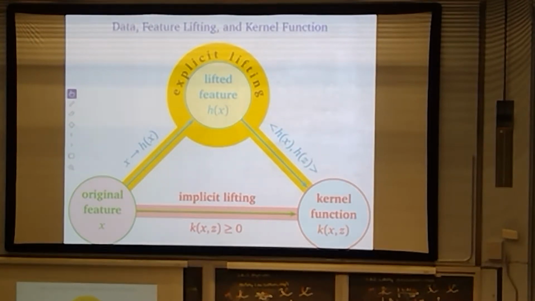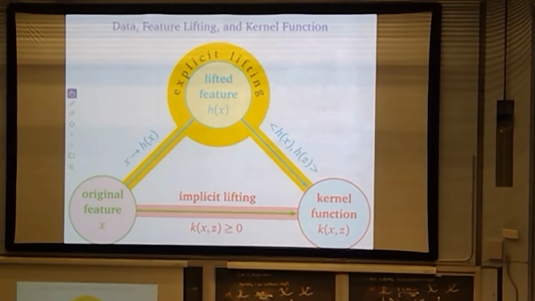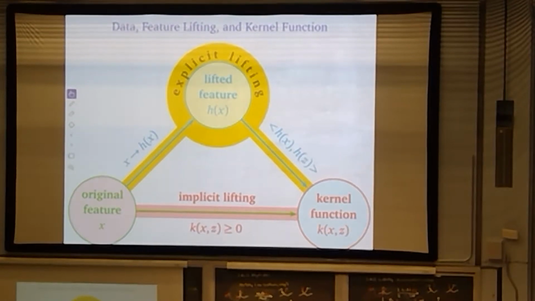I want to show an example that links feature augmentation and kernel together. Last time we talked about the basic idea of kernel function. You have original feature x.